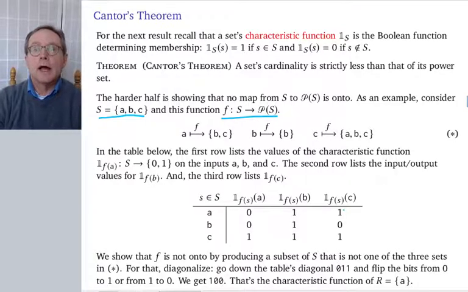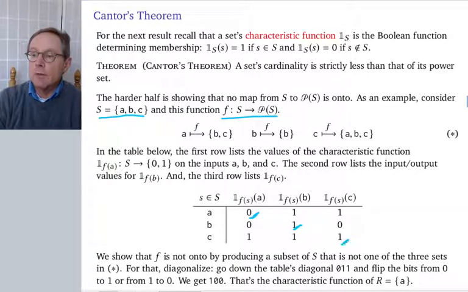And now you've seen the diagonalization trick. All we've got to do is produce a set, an element of the power set, where you flip that 0, you flip that 1, and you flip that 1. That is to say, I'm going to produce a set that contains A, because you flip that 0 to a 1, meaning yes.